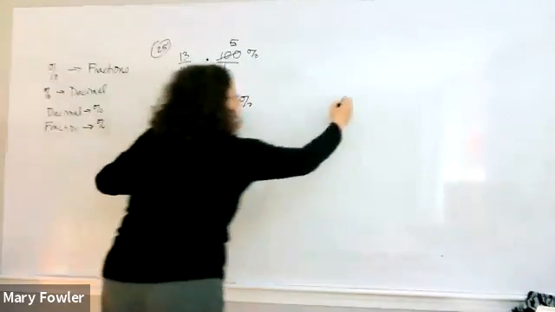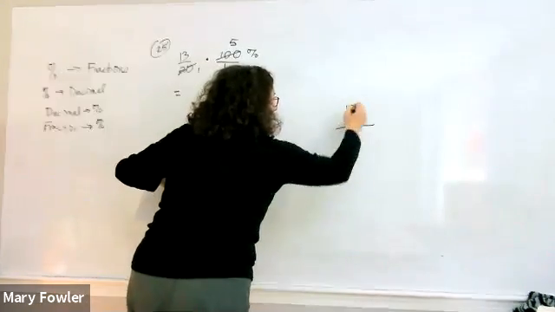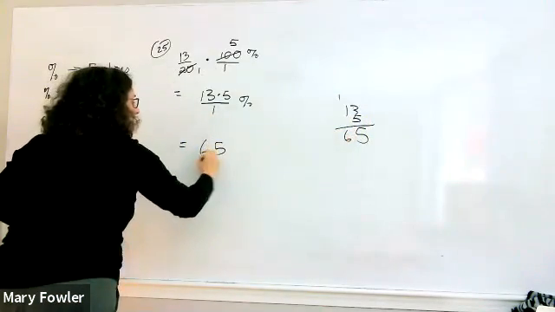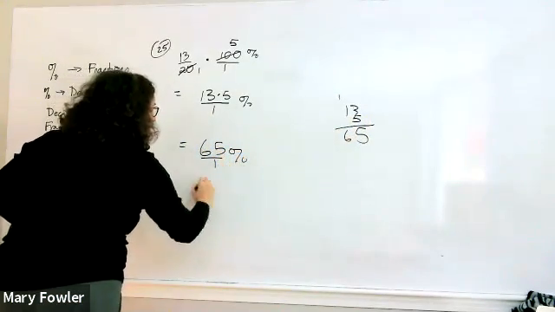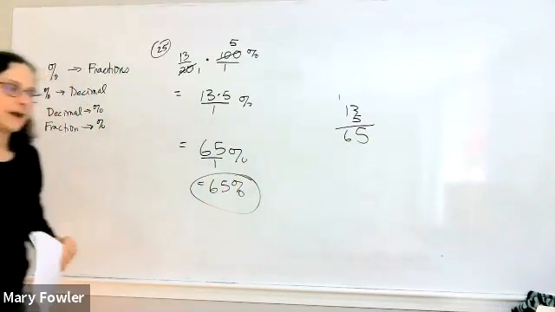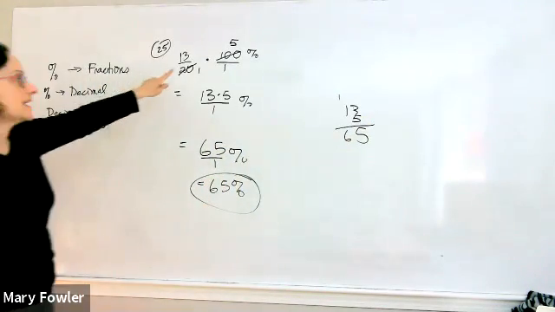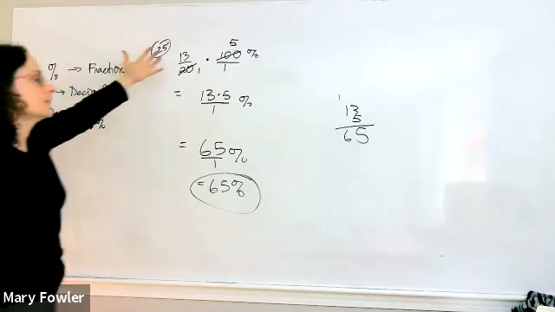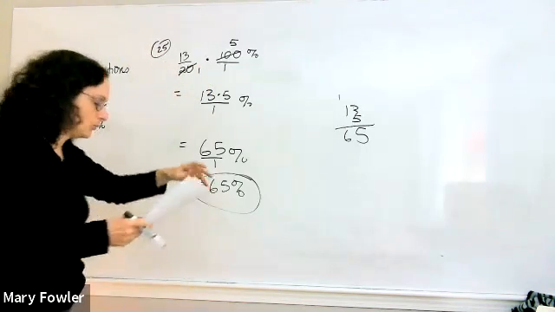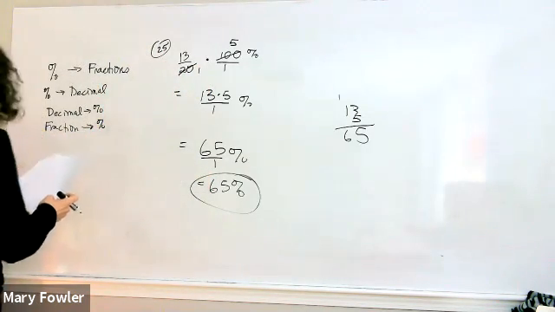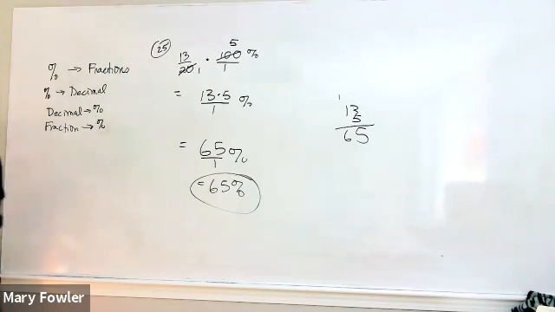So 13 times 5 is 65. It's 65 over 1%, or you can just write that as 65%. So really, we did the same thing, but because we were working with fractions, we ended up doing more fraction work.